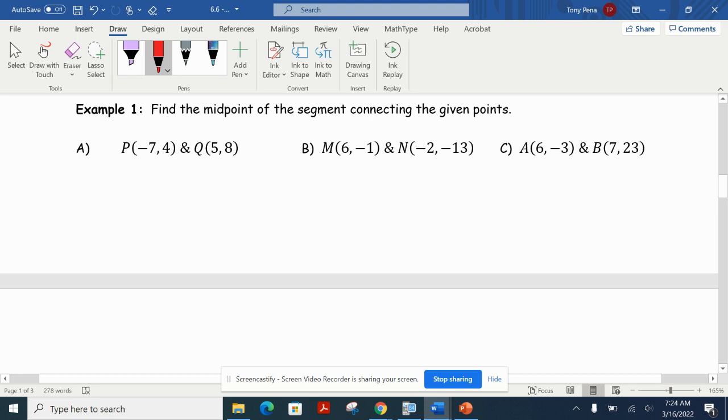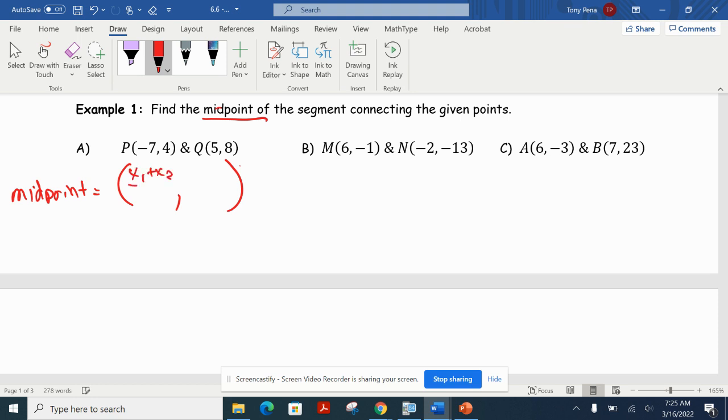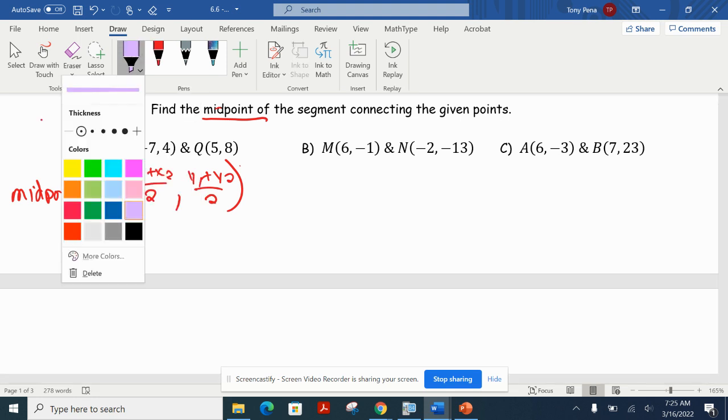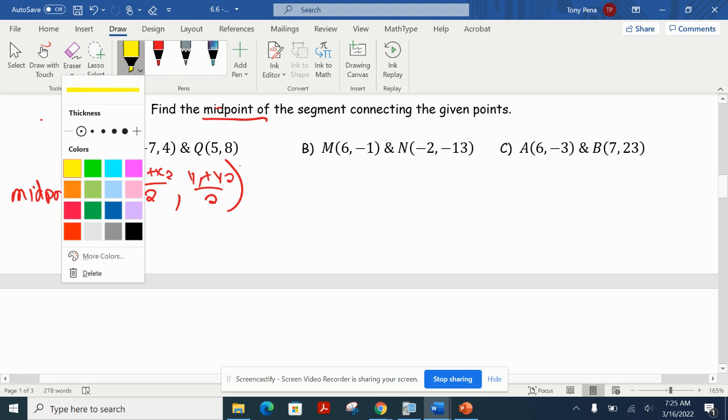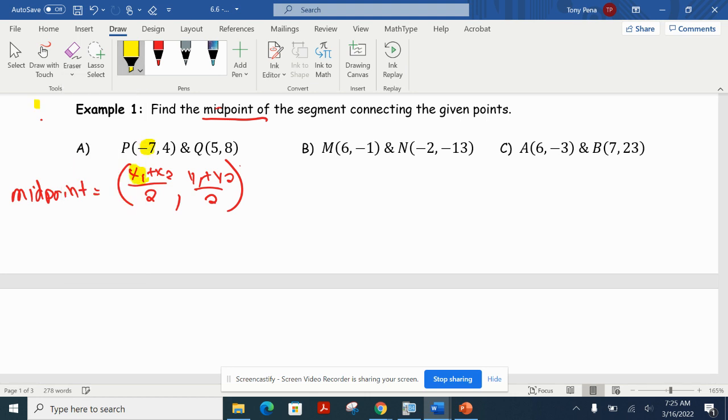I think you'll find this largely pretty simple. So if I want the midpoint, what we just said our midpoint formula is. It's a point, so that's why I'm going to write it as parentheses separated by a comma. What our formula is, I'm going to take x sub 1 plus x sub 2. So I'm going to add the x's up, cut it in half. That's the average of them. If I find the average of the y's, it means I'm going to add up the y's, cut it in half. So what these variables simply mean is this is the x coordinate of point number 1, so that's a -7.